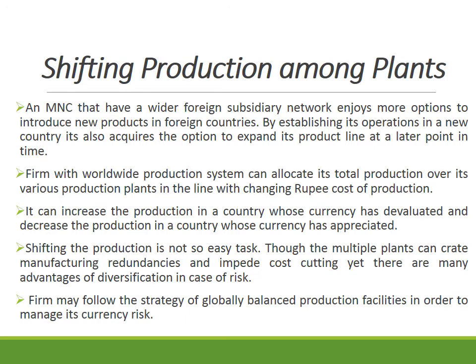Shifting production is not an easy task. Though multiple plants can create manufacturing redundancies and impede cost cutting, yet there may be many advantages of diversification in case of risk. A firm may follow the strategy of globally balanced production facilities in order to manage its currency exposure.